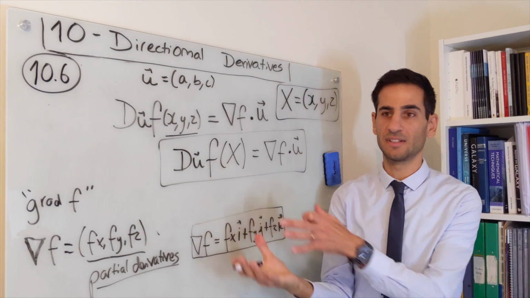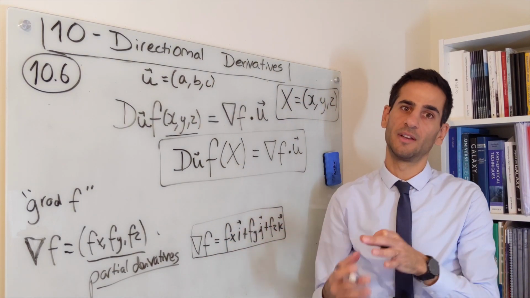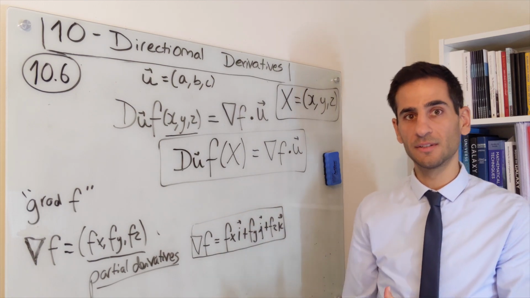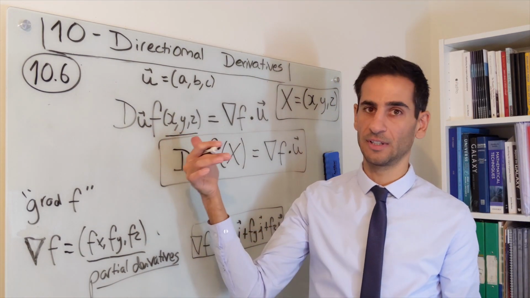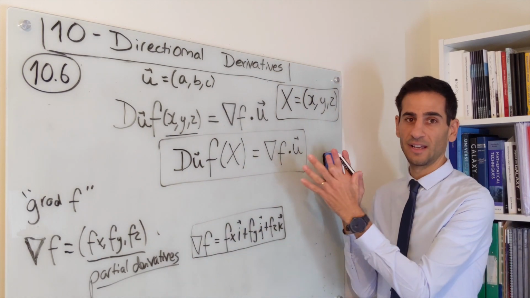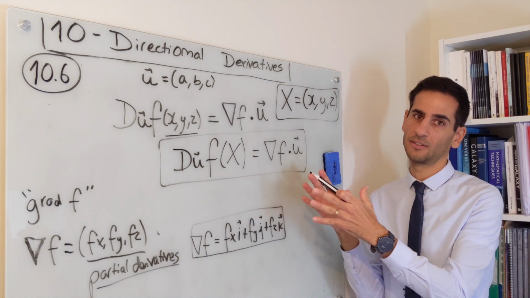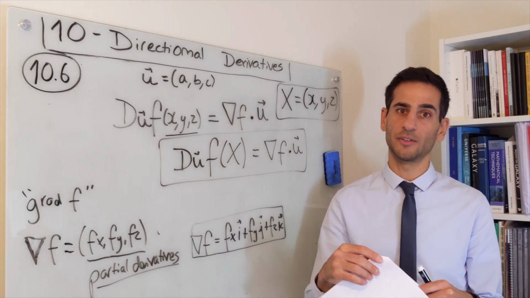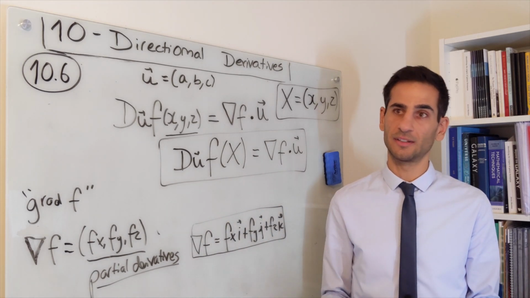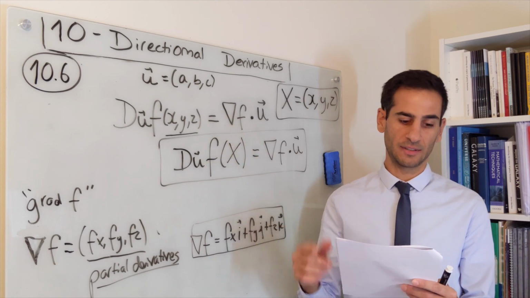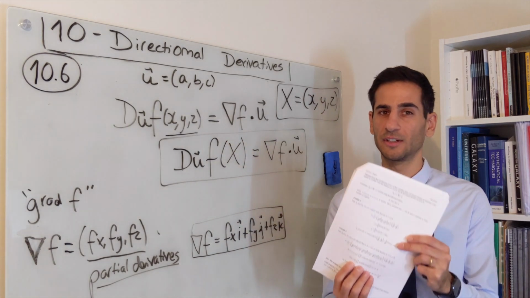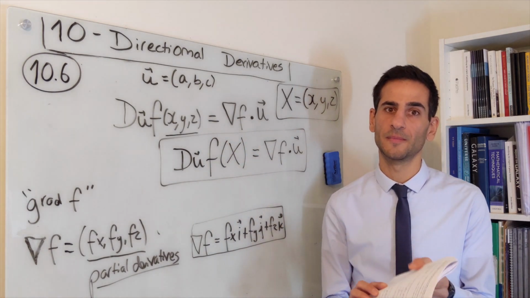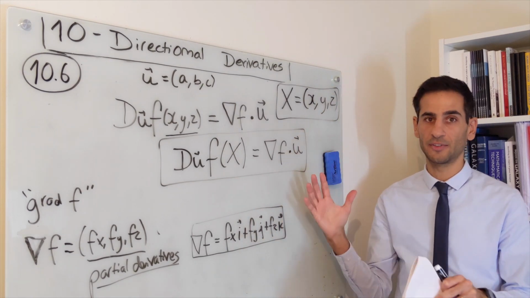But it also means that this notation will be valid regardless of the number of dimensions or variables that f depends on, and it is incredibly compact. I would definitely encourage you to use this notation and try to go through the examples you find in the lecture notes in section 10.6. Make sure that you can get to the final answers and that you understand everything about it.